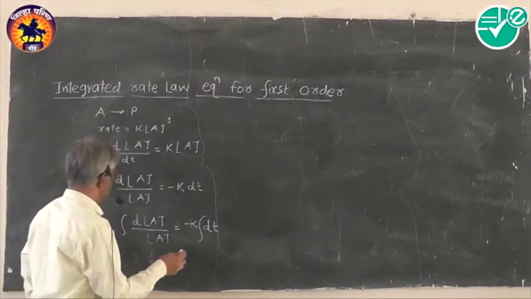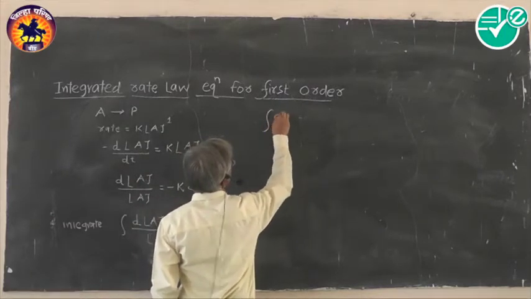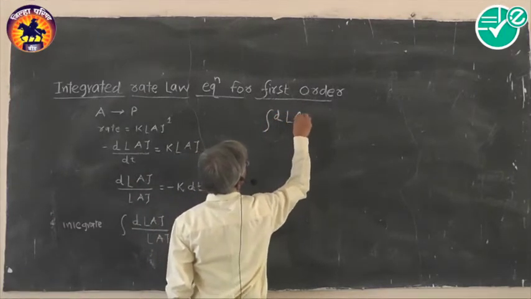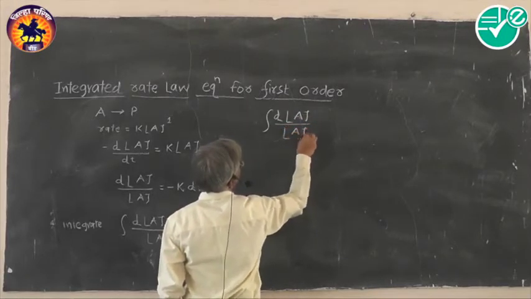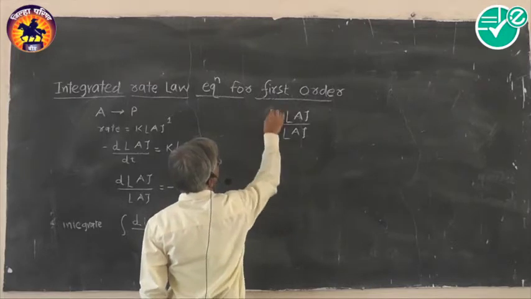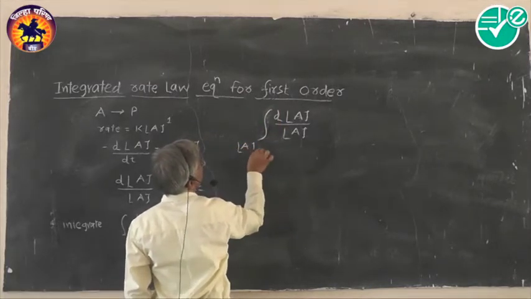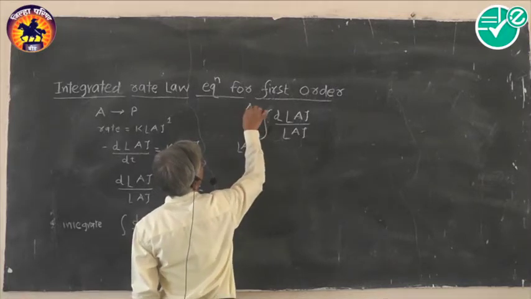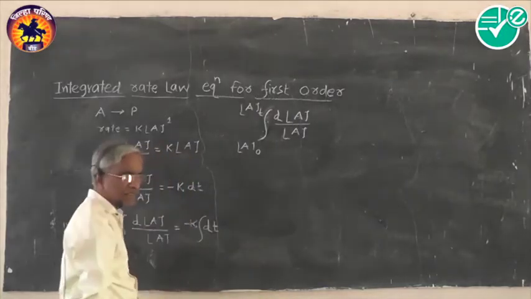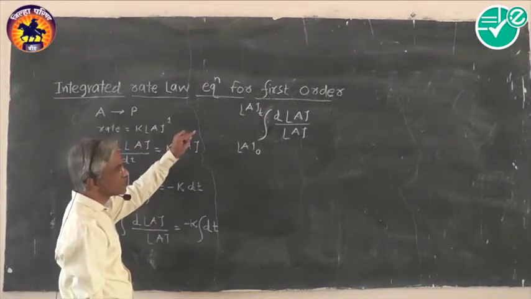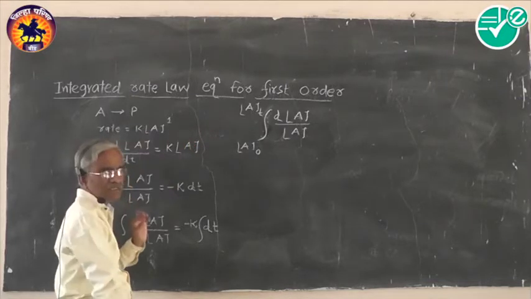And therefore we will write that equation in terms of limits as the integration of d[A] with respect to the concentration of the reactant, with limits from the initial concentration of the reactant, say A0, to the concentration at a certain time, let it be At. At is the concentration at a certain time where we want to study the reaction.